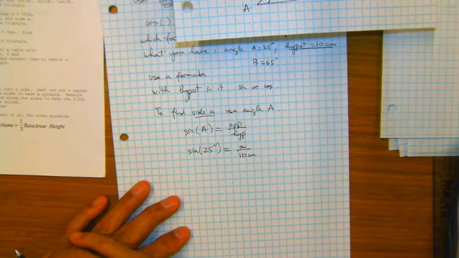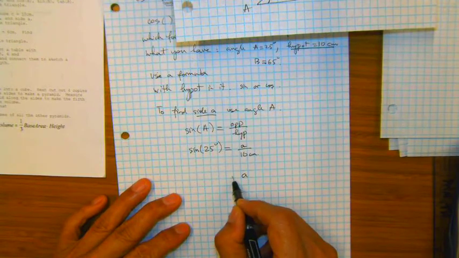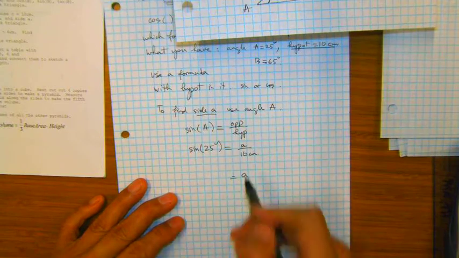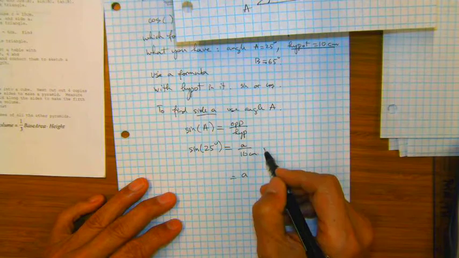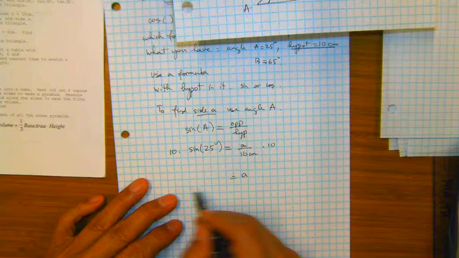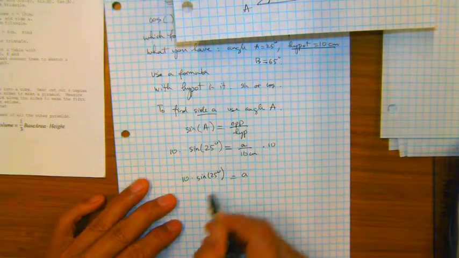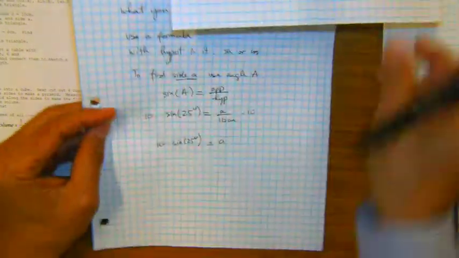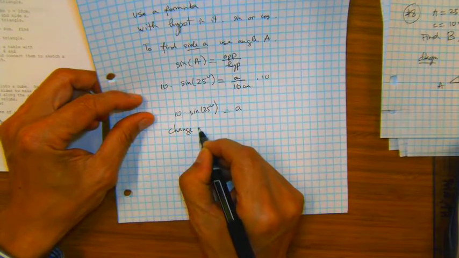Okay, so how do you solve for A? You need to cancel out the 10. So how do you cancel out the 10? Yeah, multiply by 10. Right, so A is 10 times sine of 25 degrees. Okay, so then on the calculator, you need to change the mode to degrees.